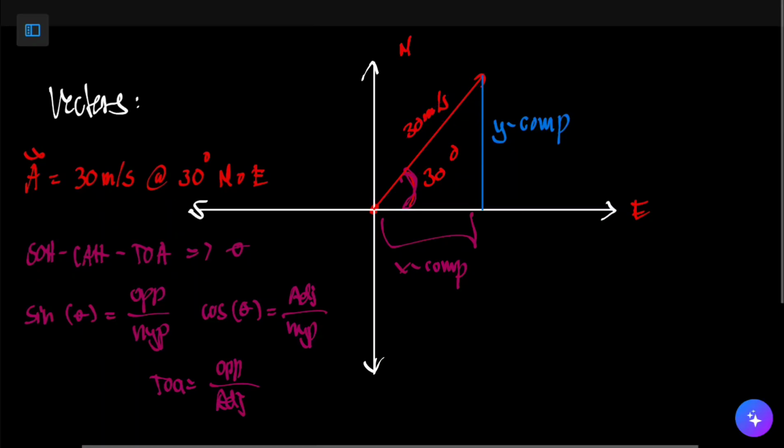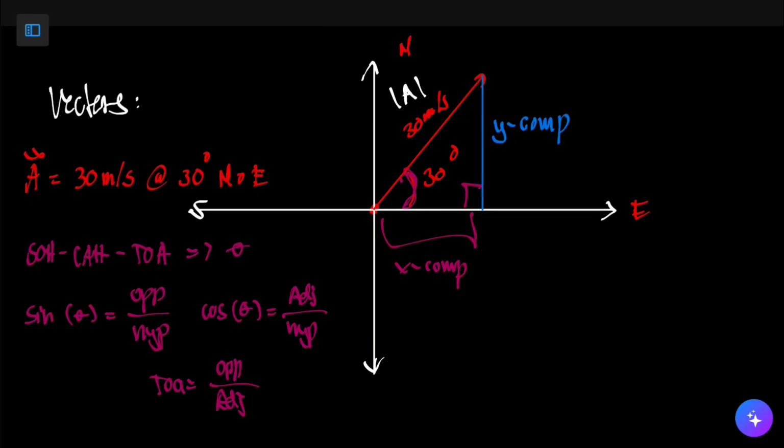Also, always remember that this setup will form a right triangle. That's why we use SOHCAHTOA in the first place, because it's a right triangle. And in that right triangle, your hypotenuse will always be the vector. The hypotenuse will always be the scalar quantity or the magnitude of that vector.